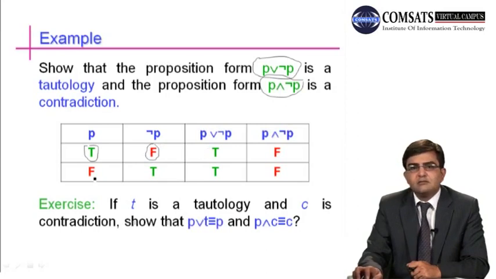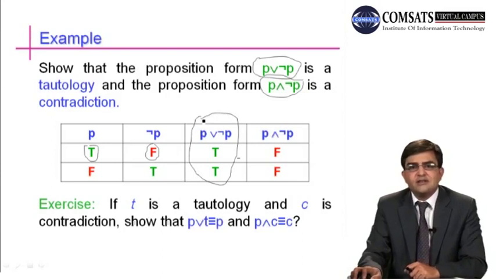In the second row we have false and true, here we will have true. We can see that each possible truth value of this compound proposition is true, regardless of the truth values of the individual propositions.